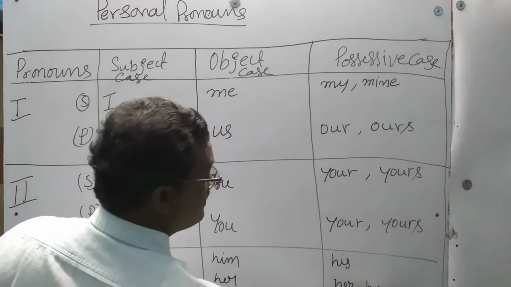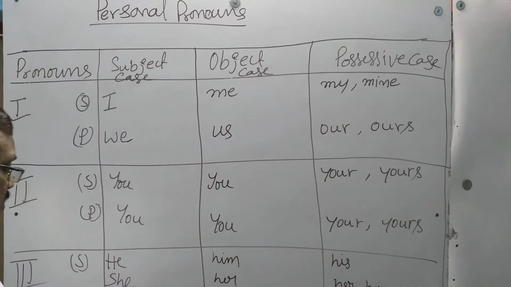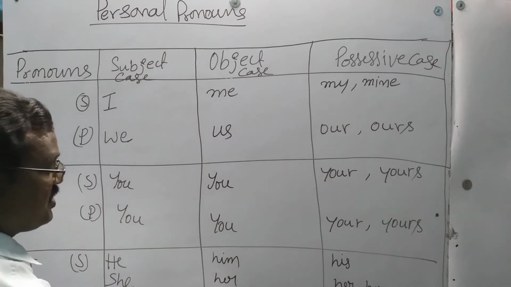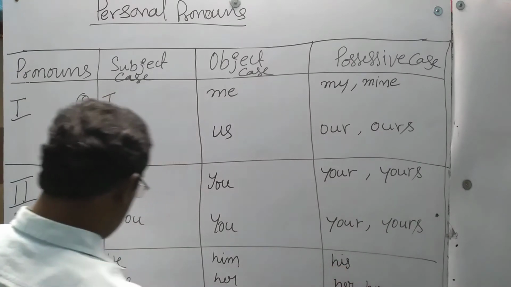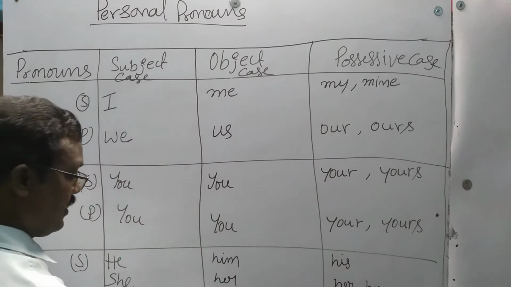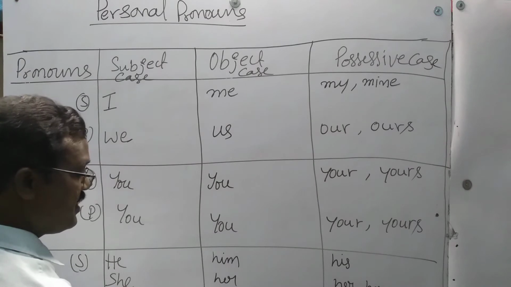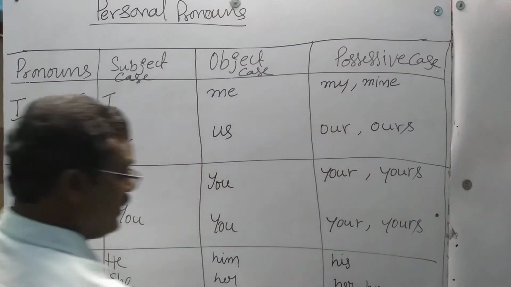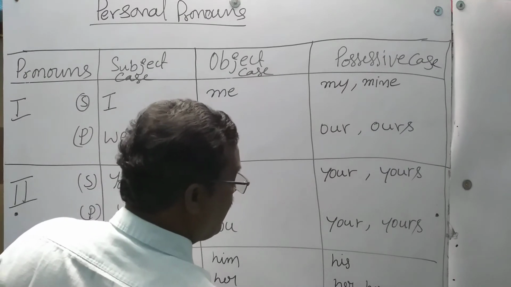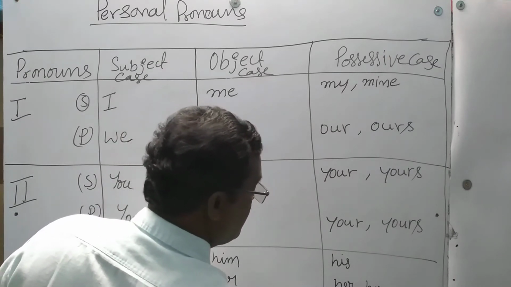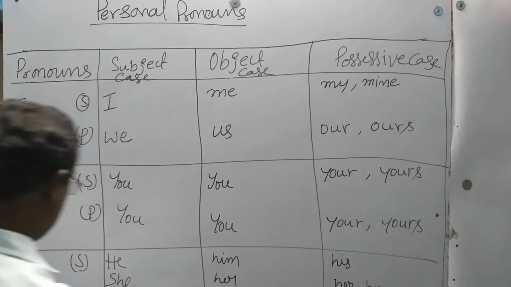Another possessive case hers. Now here it, object case is it, possessive case is its. Only one only. So here they, object case them, here possessive case their, and another one is theirs. Two cases we can write.